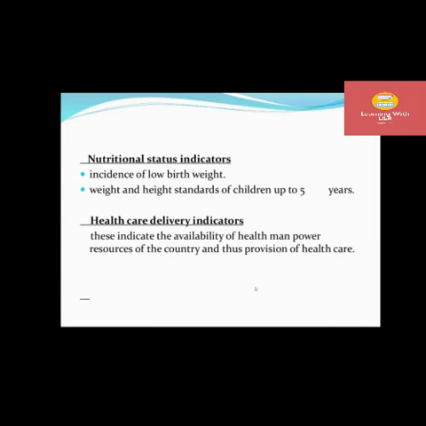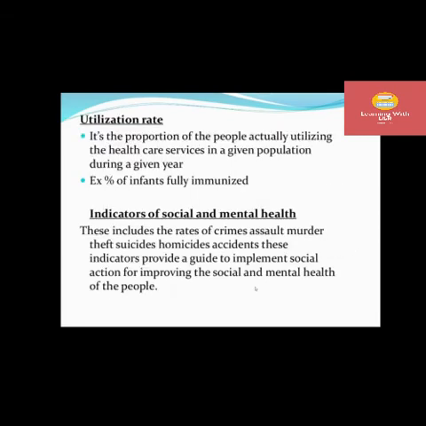Then healthcare delivery indicators. These indicate the availability of health manpower resources of the country and thus provision of healthcare. Utilization rate: it's the proportion of the people actually utilizing the healthcare services in a given population during a given year. Percentage of infants fully immunized.